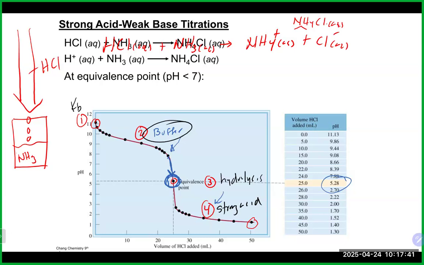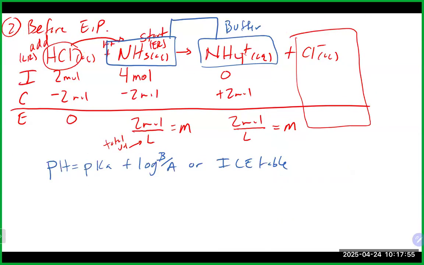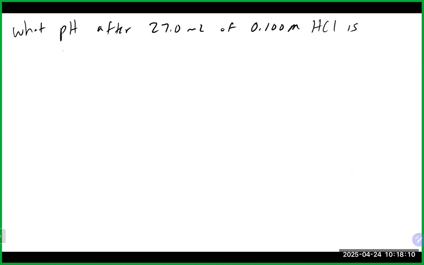All right, so why don't we try one here? Let's do: what is the pH after 27 milliliters of 0.1 molar HCl is added to 25 milliliters of 0.1 molar NH3?